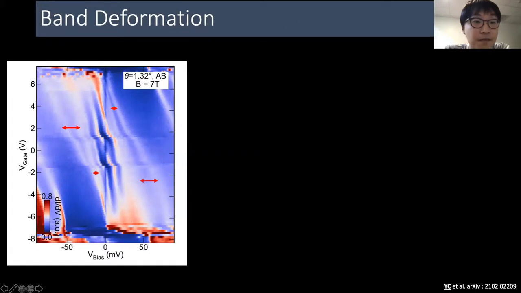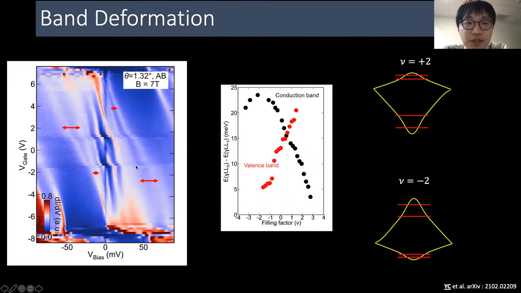Having identified their origins, we now want to focus on their relative movements upon doping. On the conduction band, the spacing between the 0th Landau level and the next Landau level changes with electron doping. On the valence side, the spacing is also changing, but in an opposite trend. So we measured how this spacing changes.